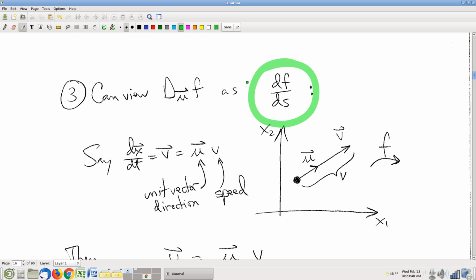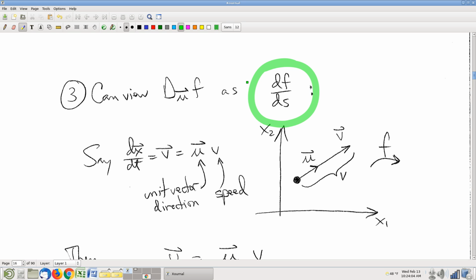But that's me personally. Someone driving faster is going to get a larger value. Someone who's driving slower is going to have a smaller value. It makes a lot of sense to talk about, at that moment, given where you are on that particular road, what's the rate of change per unit distance traveled? Of course, people who are going faster, you're going to have a higher scalar. People who are going slower are going to have a lower scalar.